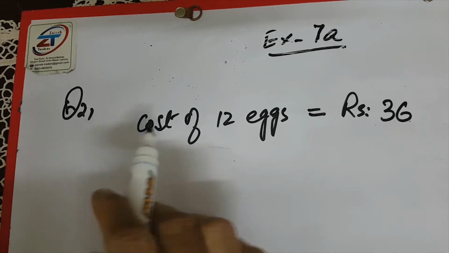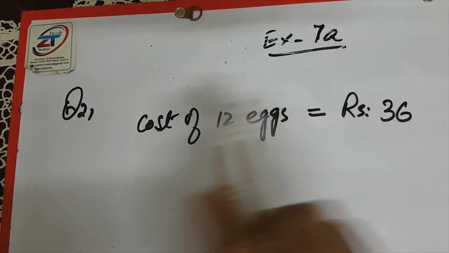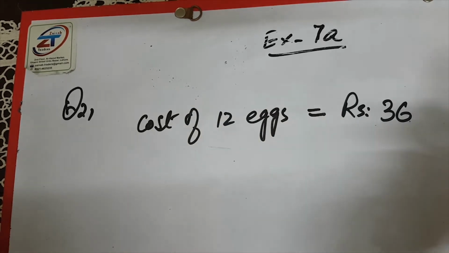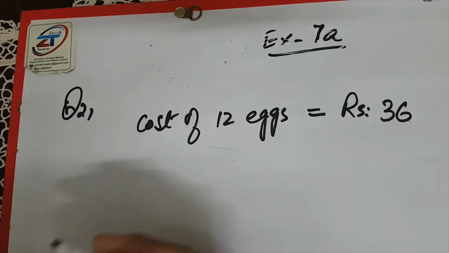So mostly in the first sentence you show all the things given to you, on both sides, left hand side and right hand side of the equation. So cost of 12 is given as rupees 36.